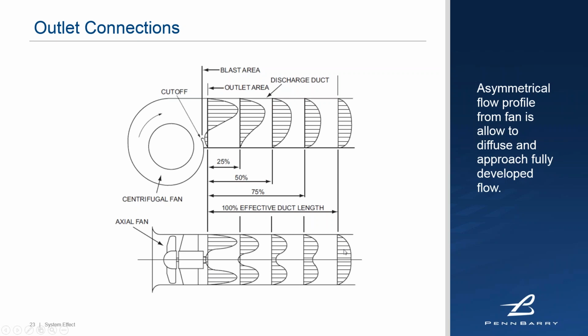Again, that 2.5 duct diameter is about where we want to stay, and that's based on a 2,500 foot per minute velocity. If you start exceeding that, you can roughly say that for every 1,000 feet per minute that you increase it, you need to add another duct diameter. For commercial applications, we ought not be running that high of velocity because we're going to generate some pretty loud sounds.